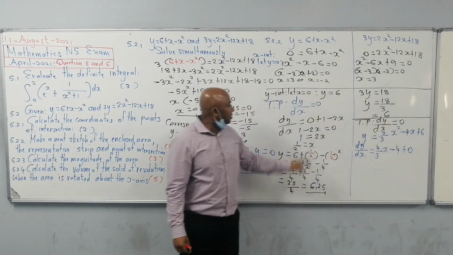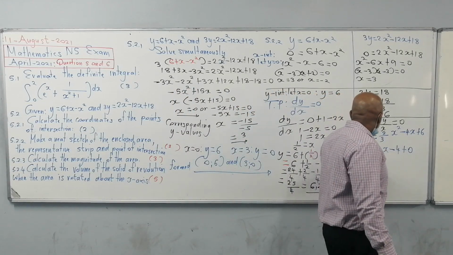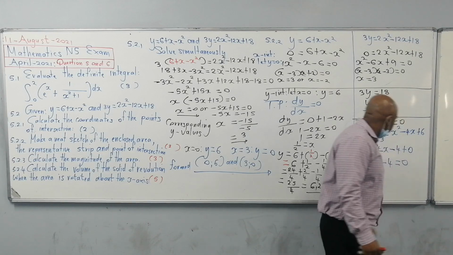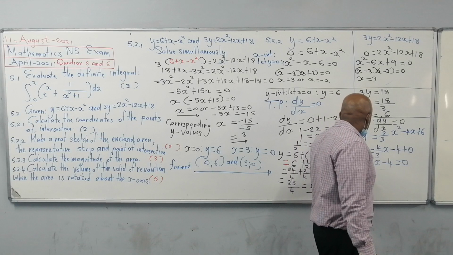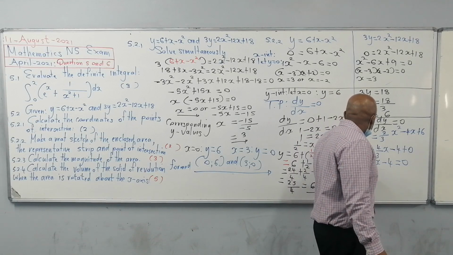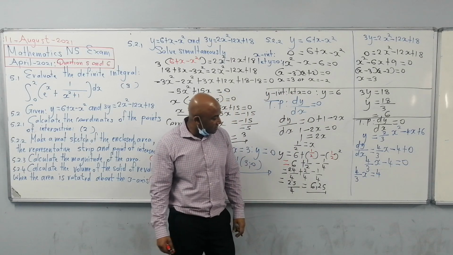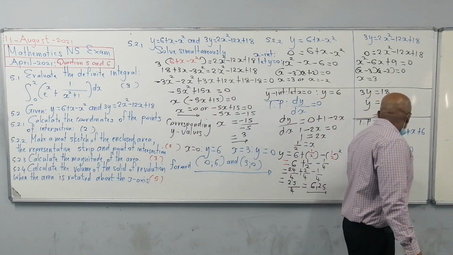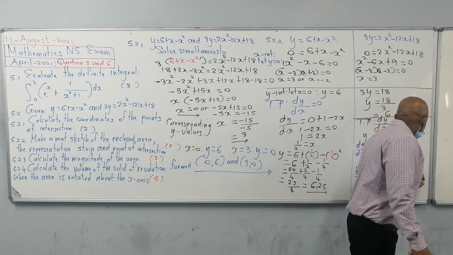So what do we know? At the turning point, dy over dx is equal to 0. So 4 over 3 x minus 4 is equal to 0. Solve for x here. So 4 over 3 x is equal to 4 if I take the 4 to the right. So therefore, x is going to be equal to 4 times 3 over 4.